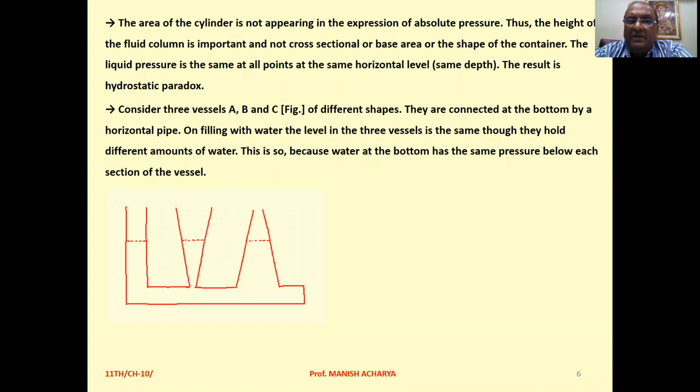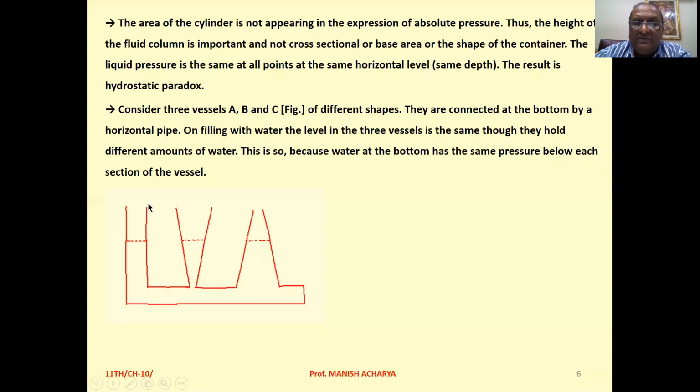The meaning of hydrostatic paradox is that the shape, size and cross-sectional area of the container are not important. The important thing is just the height of the liquid column for the pressure.